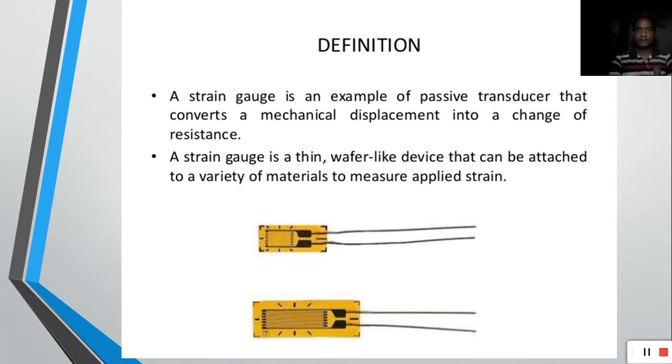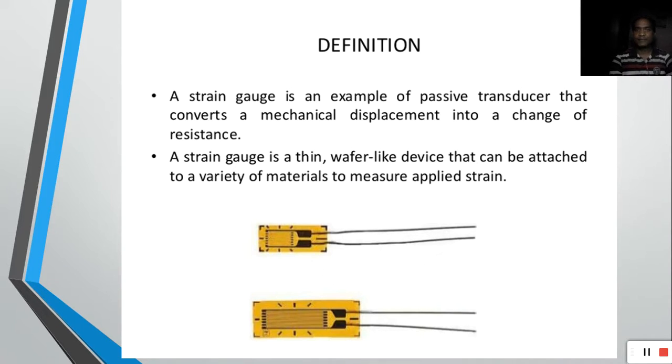First we define the strain gauge. A strain gauge is an example of a passive transducer that converts a mechanical displacement into a change of resistance.